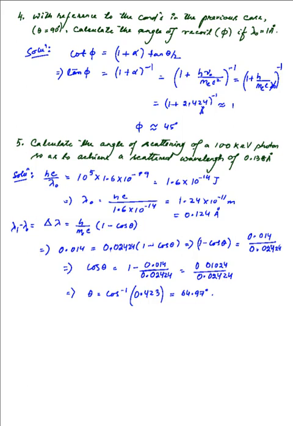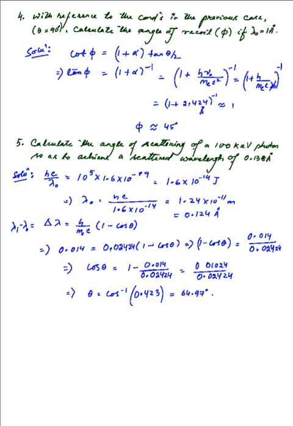Now for that we will use the relation between the scattering angle and the recoil angle. And as you can see, cotangent of phi is equal to 1 plus alpha times tangent of theta over 2. Phi is the recoil angle which we wish to determine.